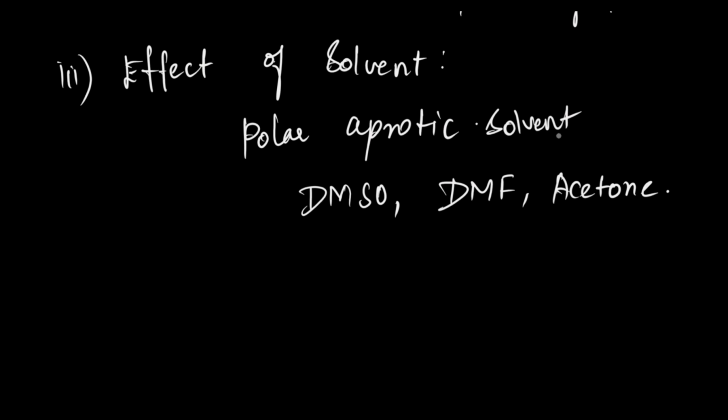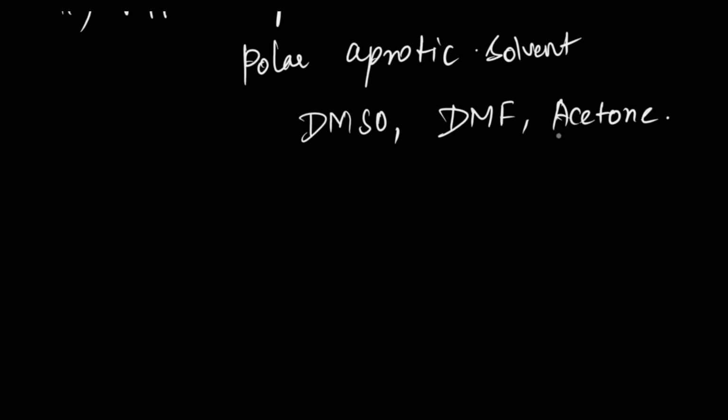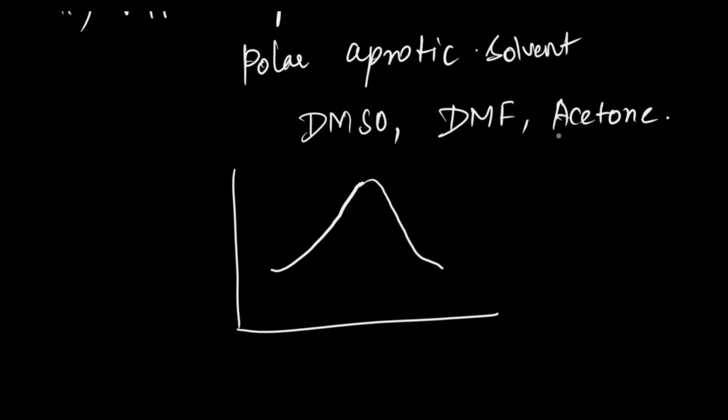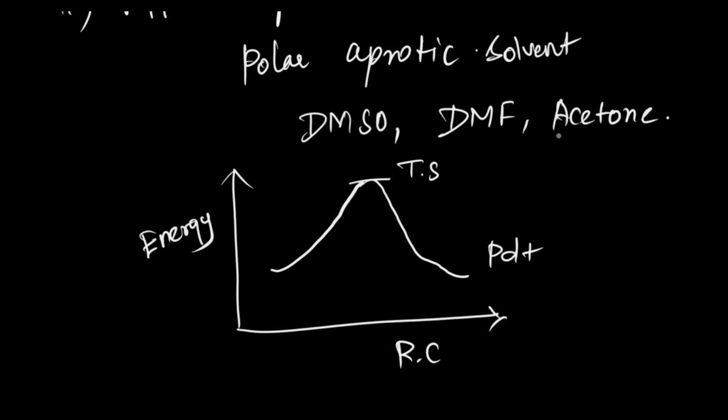So if I want to write the energy diagram of the SN2 reaction, then the reactant starts and reaches the product with only one transition state. It's energy versus reaction coordinate.